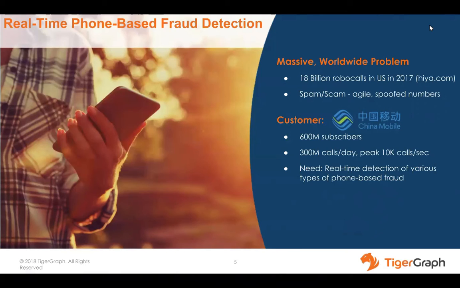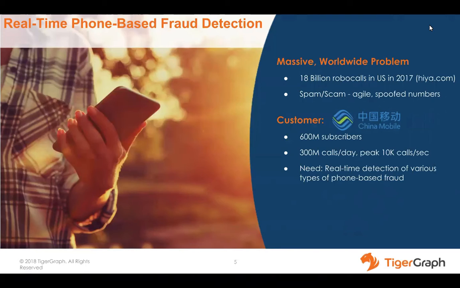When I'm talking about fraud, I'm talking about not only things that you normally think of as fraud, something financial, but also unwanted sales calls or even crank calls. I bet most of you out there have received some number of robocalls. 18 billion robocalls were received in the US in 2017. But this happens in every country.